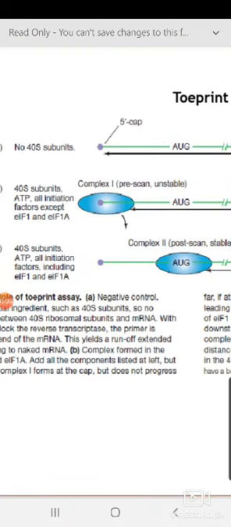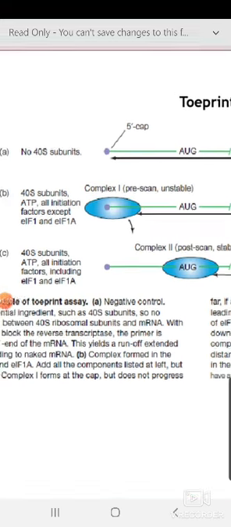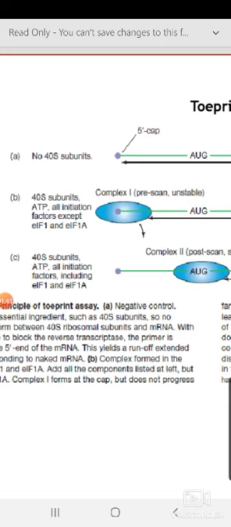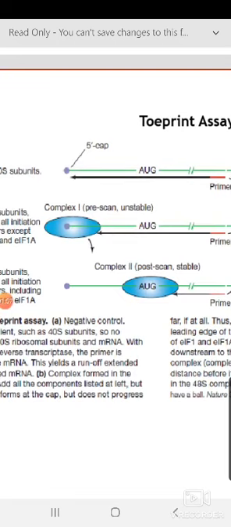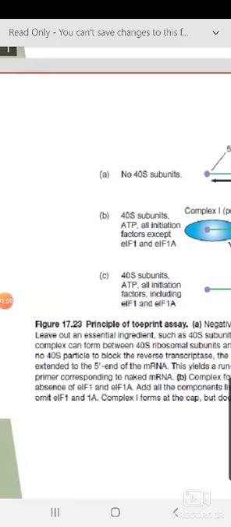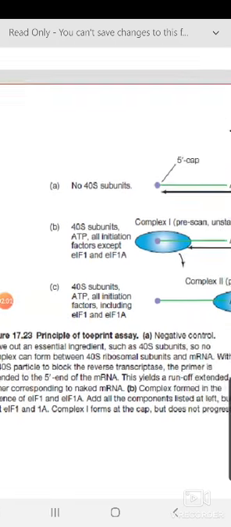So in that context, what is the role of EIF1 and EIF1A? That is what they were looking for. So they did an assay, so let us discuss the assay.